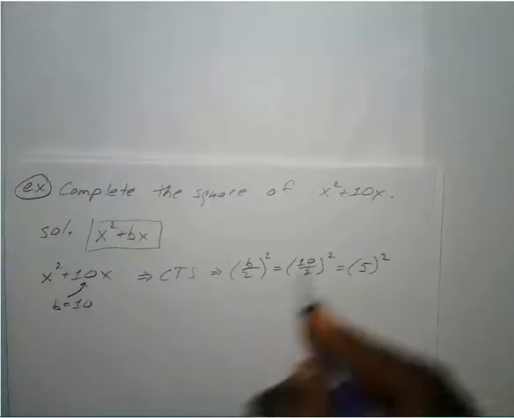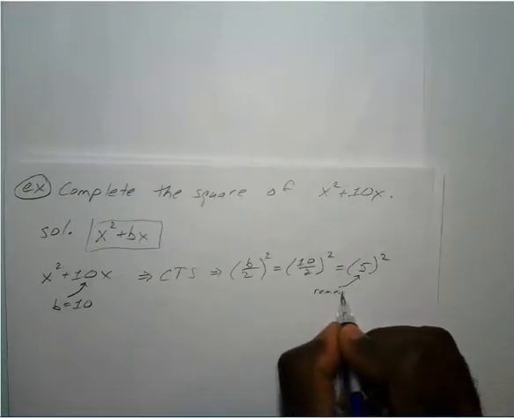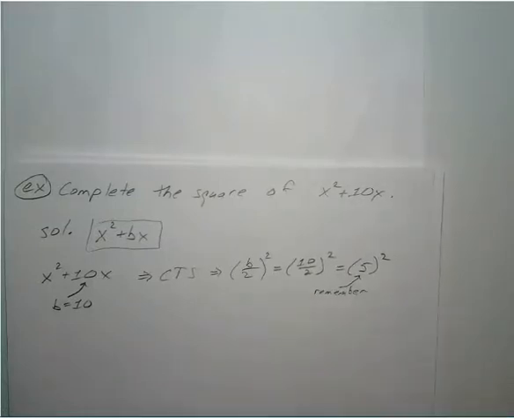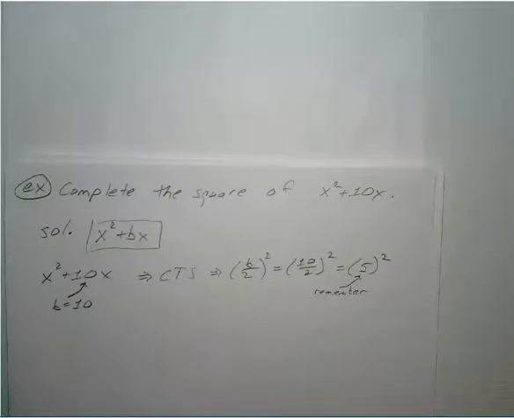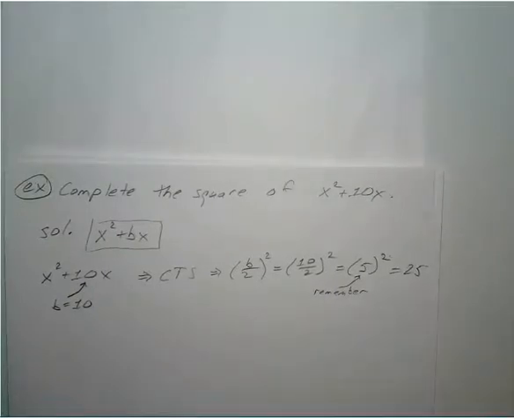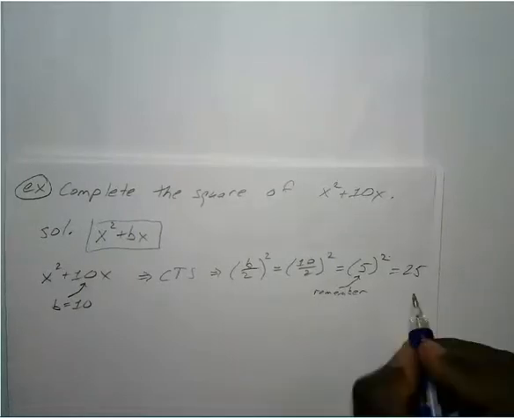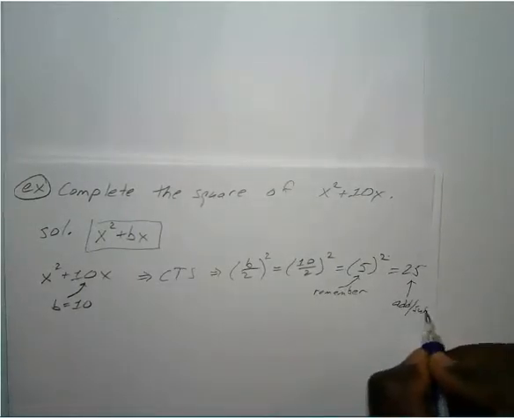Now, this is a very important shortcut. You want to remember the value just before you apply the squared, because it can cut back on a lot of work down the line. So 5 squared is 25. Now, the 25 is the value we're just going to add and subtract.